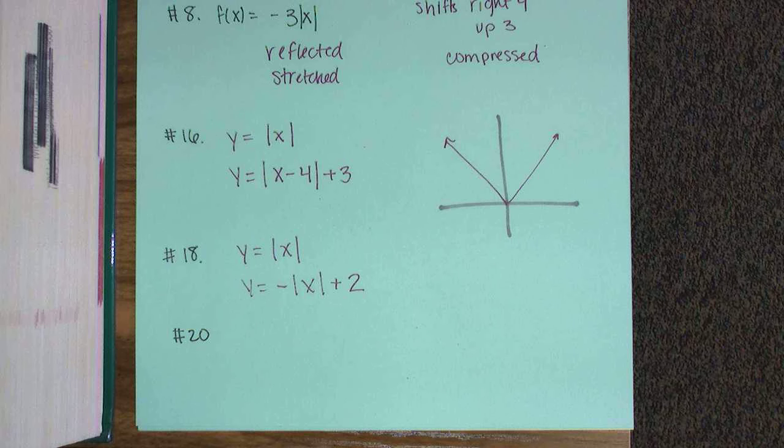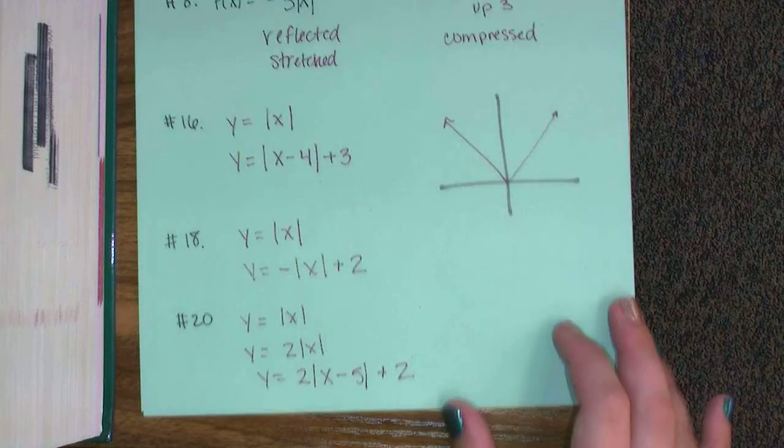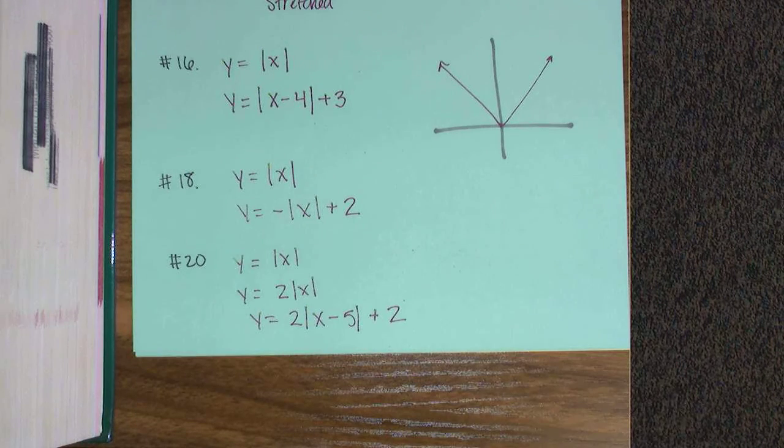Alright, does everybody have something? Alright, what did we get? Because it shifted to the right 5 spots.